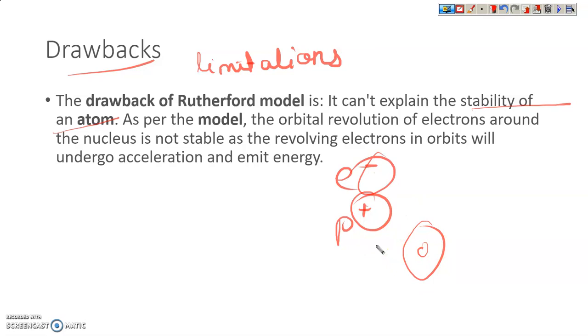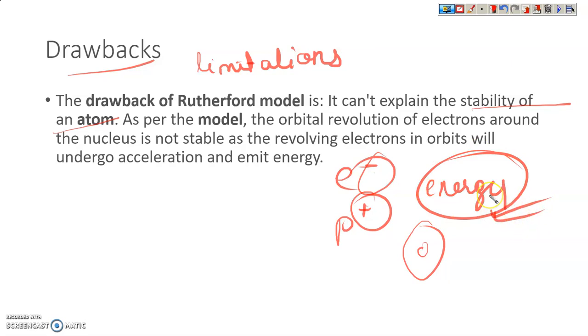According to classical electrodynamics, an electrically charged particle revolving in a circular path radiates energy continuously. Hence, an electron revolving around the nucleus should radiate energy and gradually move towards the nucleus.